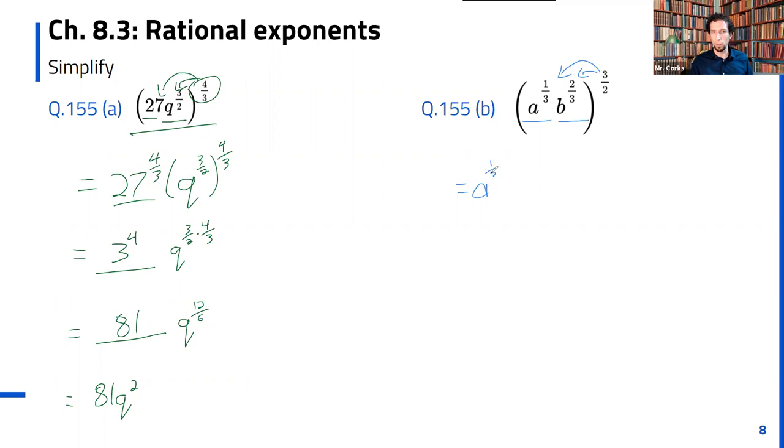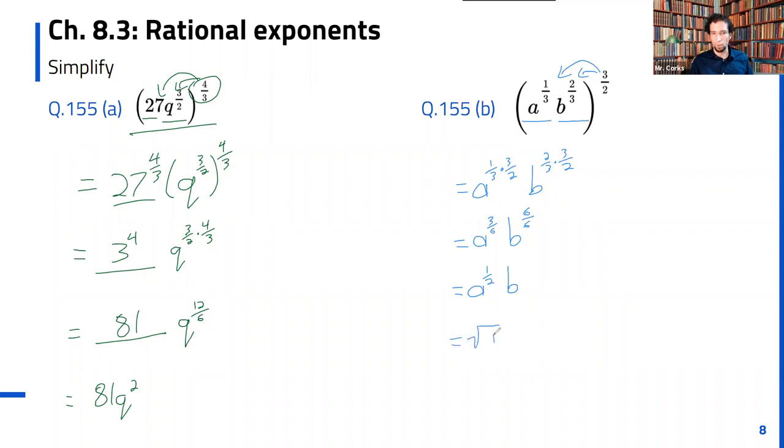So a to the exponent 1/3 times 3/2, and b to the exponent 2/3 times 3/2. Okay, and we just simplify: a exponent 3/6, and b exponent 6/6. So a to the exponent 1/2 and b to the exponent 1, just like that.